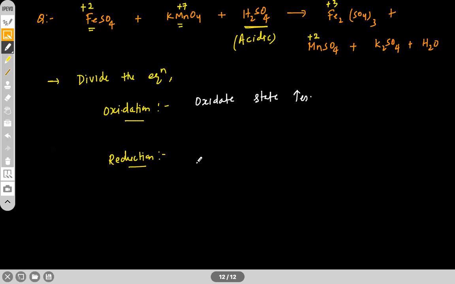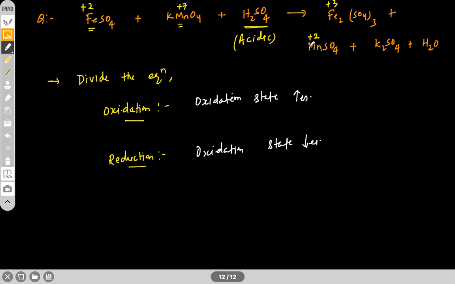Oxidation state decreases for reduction, just opposite, right? So we say that iron is going under oxidation and manganese is going under reduction. So both oxidation and reduction are taking place simultaneously. Hence the reaction is a redox reaction.